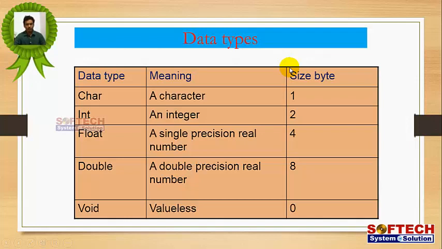If we want to give the name of a particular product or person, we give a combination of characters.